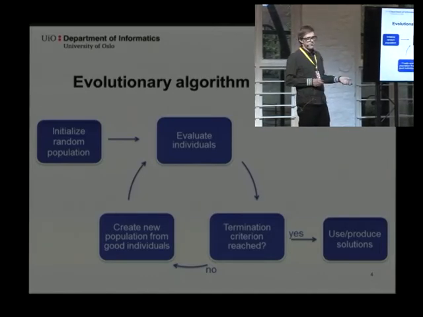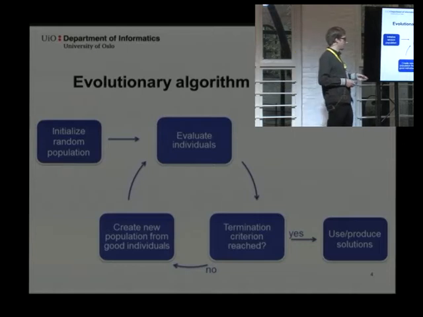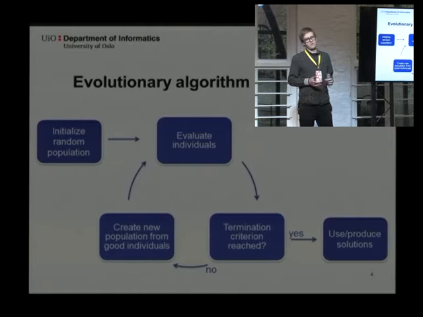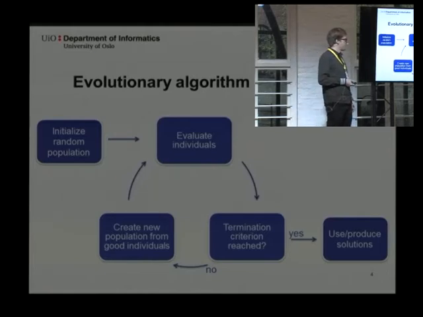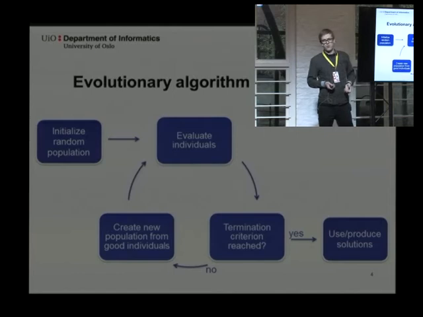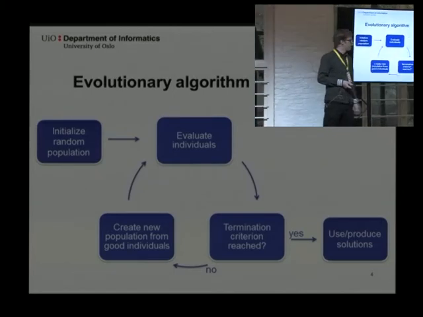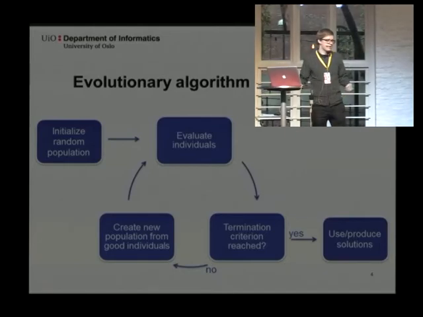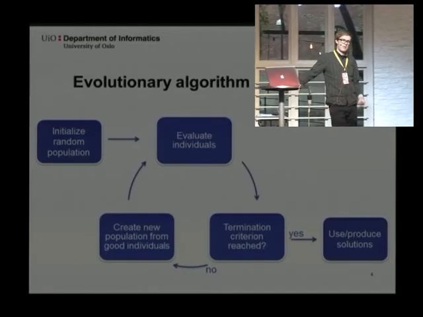Then we throw away the bad solutions and we try to make new solutions based on these old ones, which are a little bit better than the totally poor ones. So you do this loop a lot of times, and eventually you'll find a quite good solution to your problem. And then you can stop and use your solution. If you did it in a computer, then you can actually make your thing into hardware.